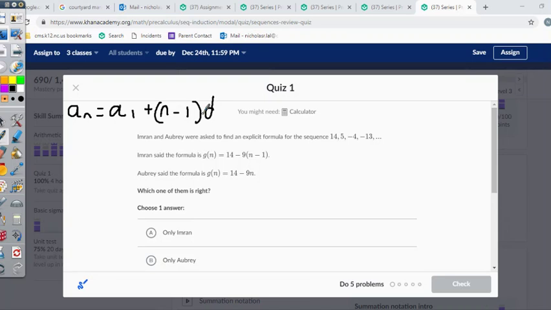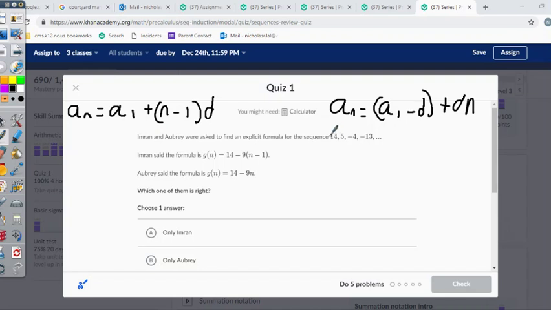That's one explicit formula. The other one is a_n equals a_1 minus d plus dn. So these are the two explicit forms.